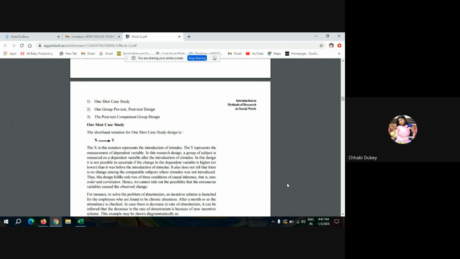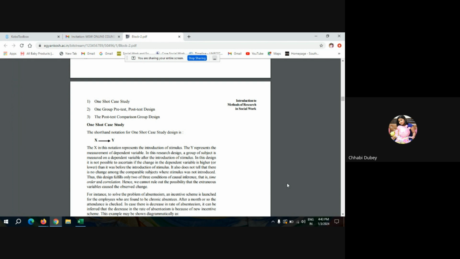We do not know what the situation of those variables was before the introduction of the stimulus. It also does not tell you whether there were any changes among comparable subjects where the stimulus was not introduced. This design fails to tell us any of this.